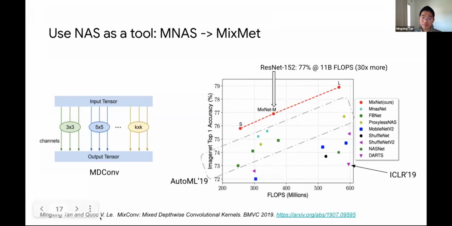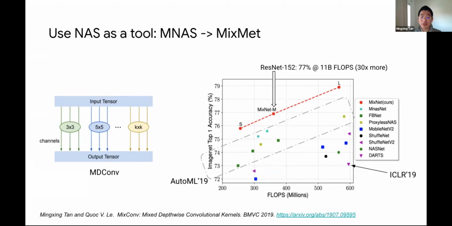So with my colleague, we did a simple study for MixNet. The idea is that usually each layer only has one kernel size, but we find if you mix those kernel sizes like 3x3, 5x5, and so on, then they will help the accuracy. This idea is actually already used in Inception and other networks.